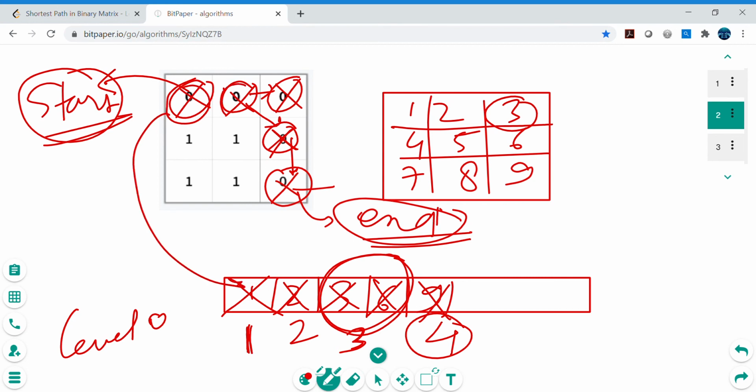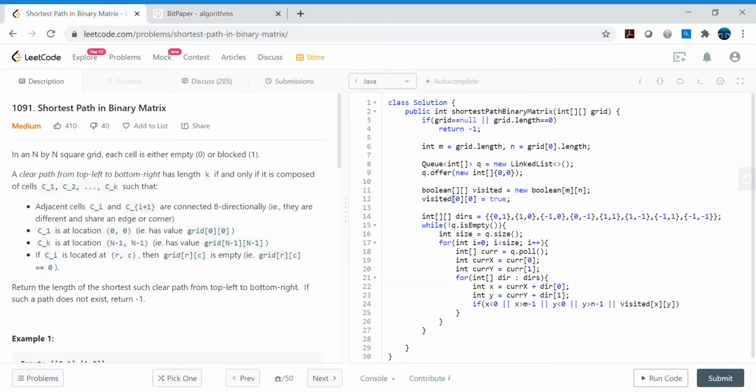Similarly, we will come here, and if it is 0, then we mark it as visited, and if it is already visited, then we are going ahead and ignoring that, right? It should be either already visited, or if it is 1, right? 1 means not 0, so we can check that condition as well. So either it is visited here or it is not 0, right? It means if it is 1, right?